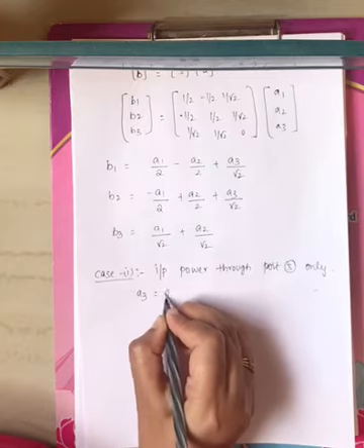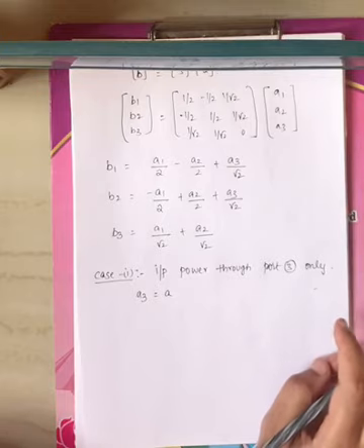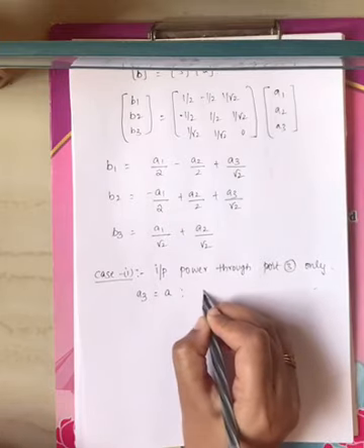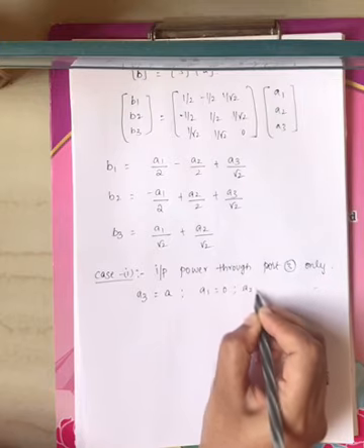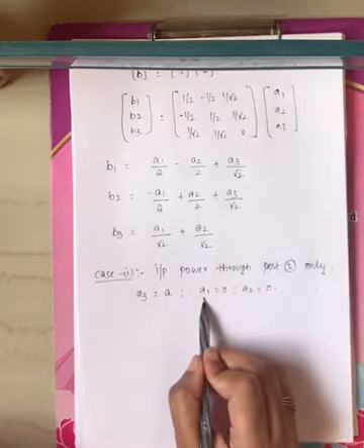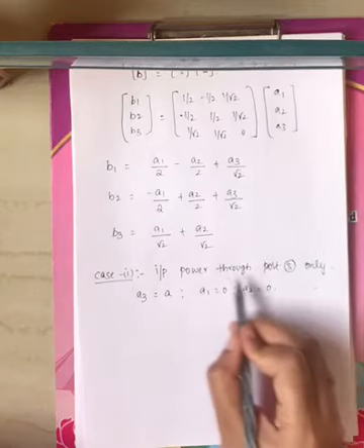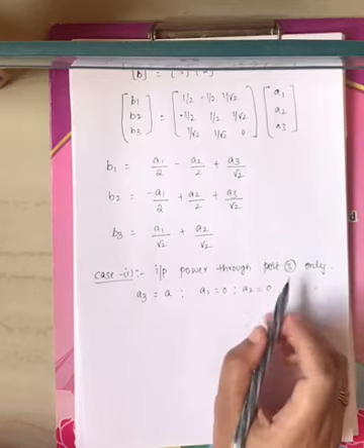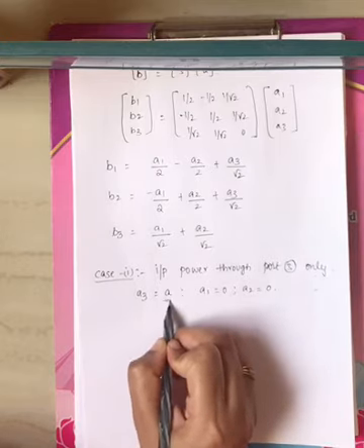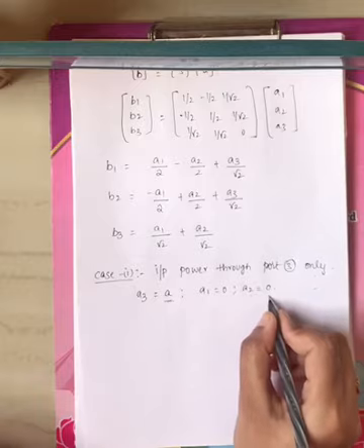Let us assume the input power that you are giving from port 3 is some amount of power, that is A, right? Now what is the input power through port 1? A1 is 0 and A2 is 0. Input power through port 1 and port 2 is 0, because you are giving input power through port 3 only, which I am denoting as A. Since you are not giving any input power from port 1 and port 2, it is 0, right?